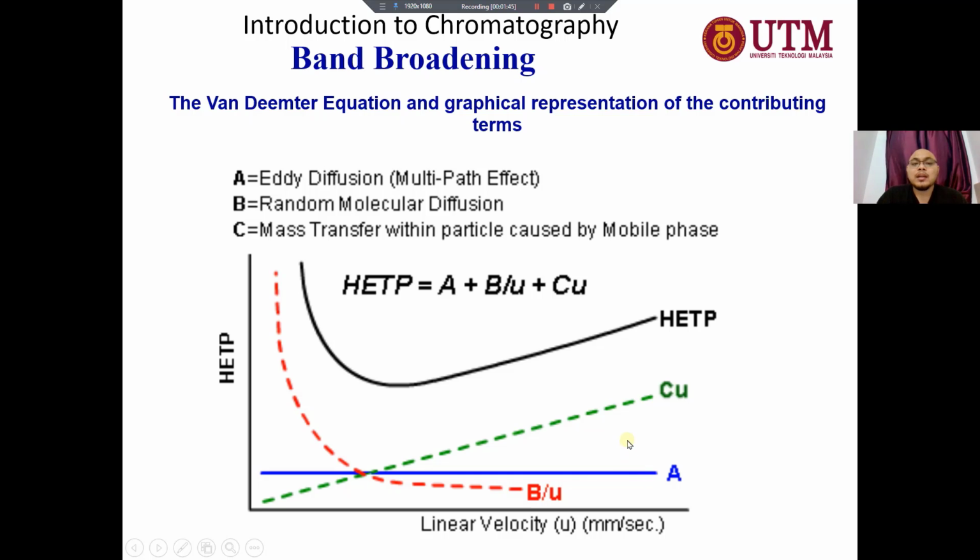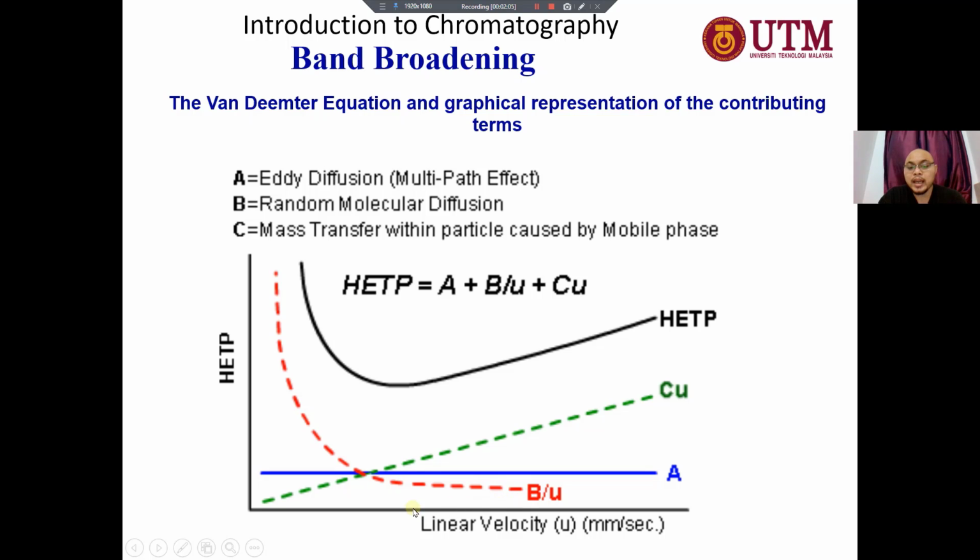For B, the random molecular diffusion, if you want to counter this problem, you need to use a high velocity of flow rate.